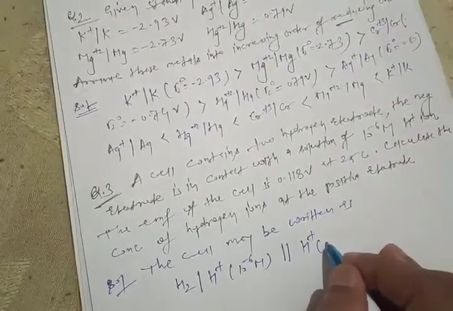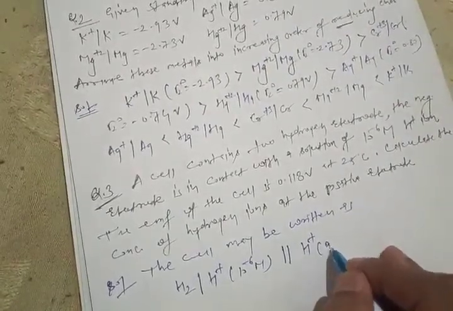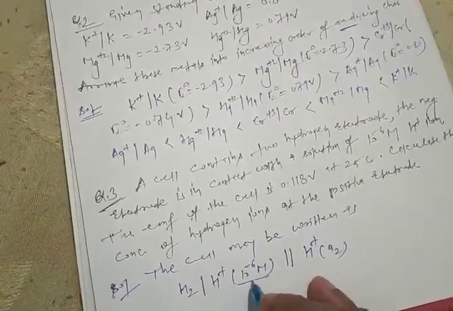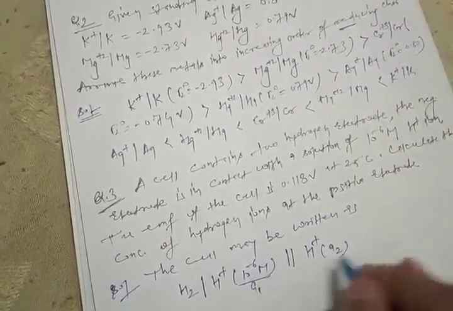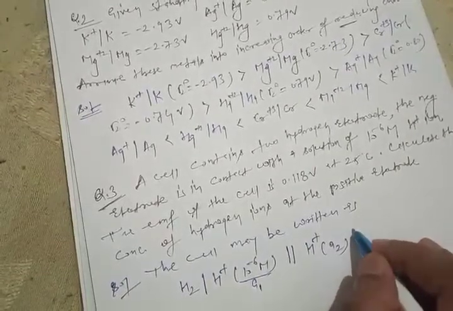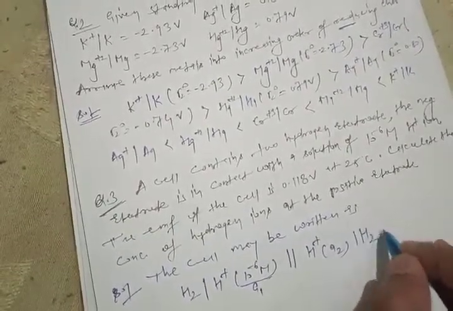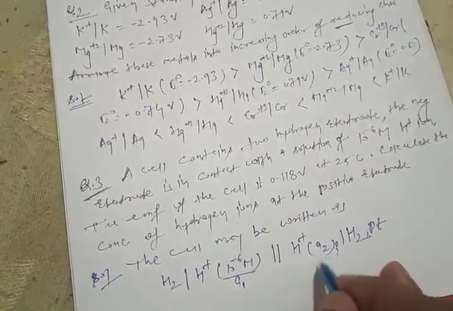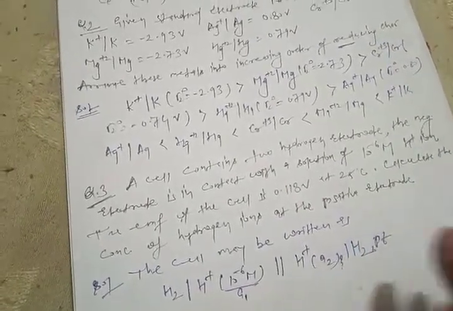Here is A2, and this you can write A1, although we know that, for simple manner. And this will be in contact with hydrogen platinum. So this is your question. You need to find out the concentration of this one. Now this is the cell.